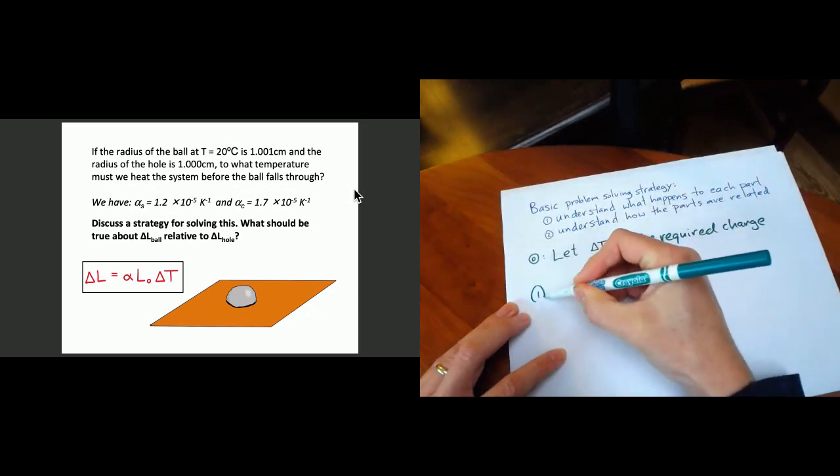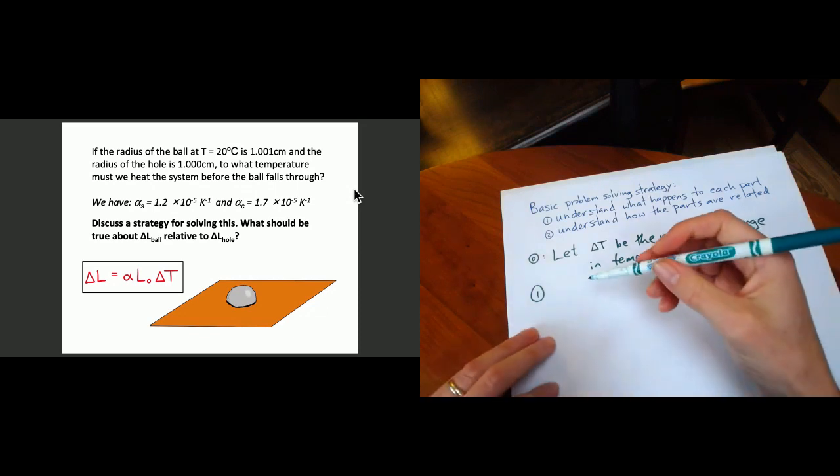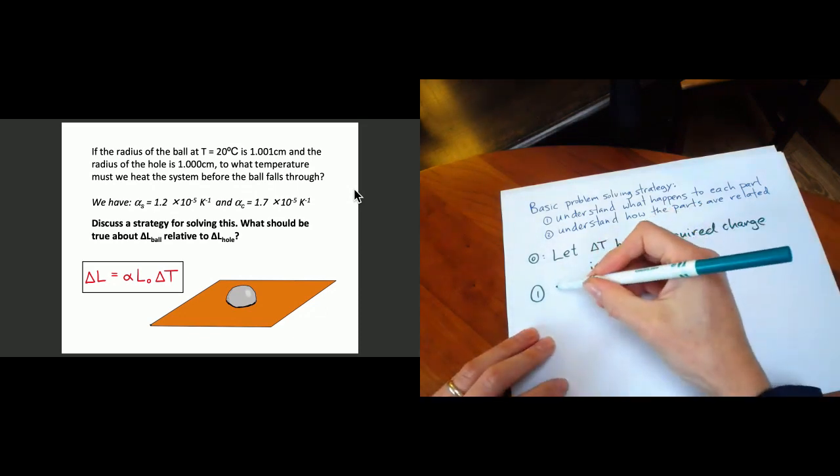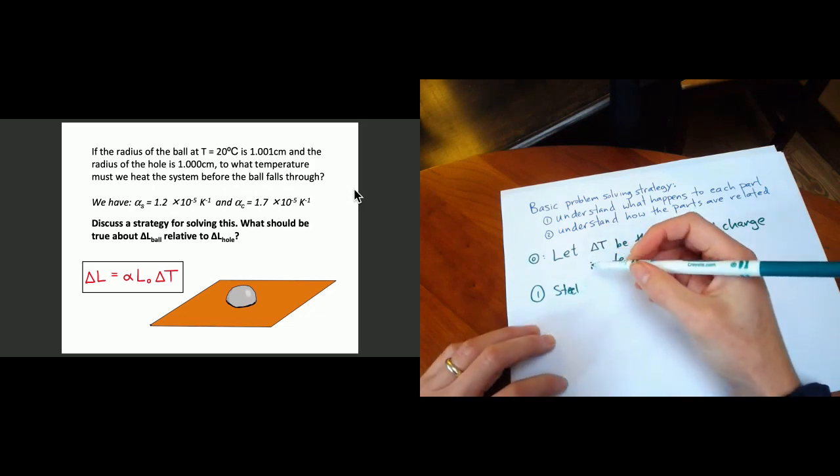Okay. So now I'm going to think about step one here, which is what happens to each part of the system. I'm going to do that first because it's very simple. Here we're talking about thermal expansion, and the same thing applies for both parts.